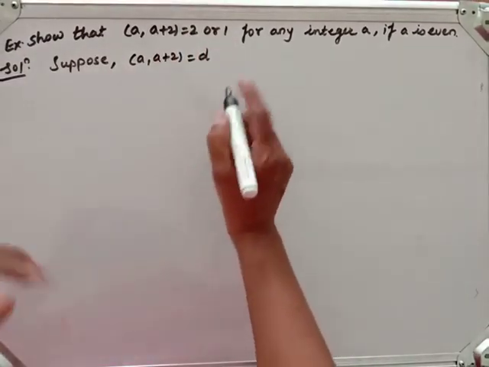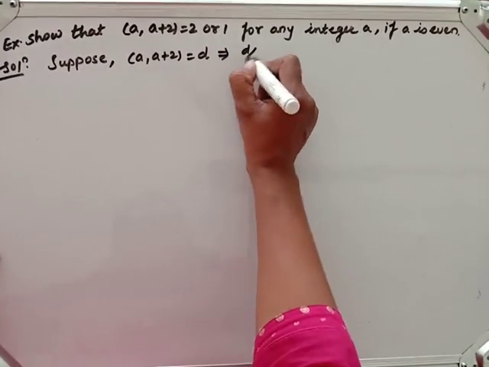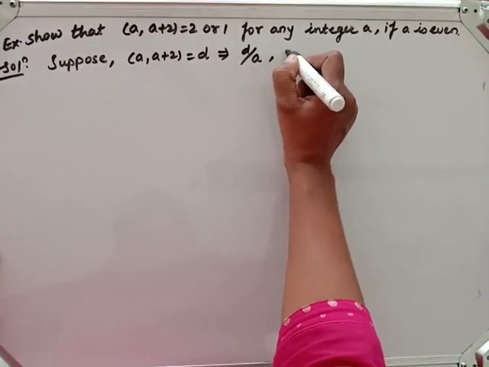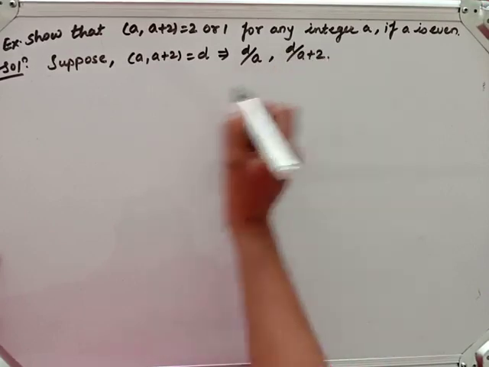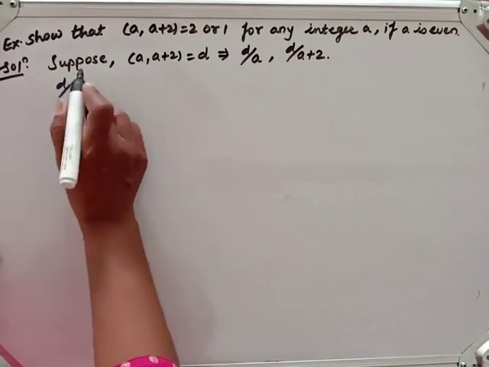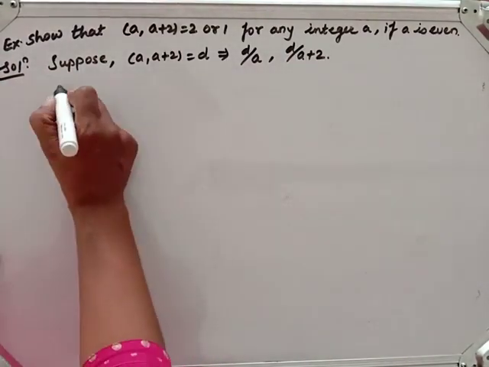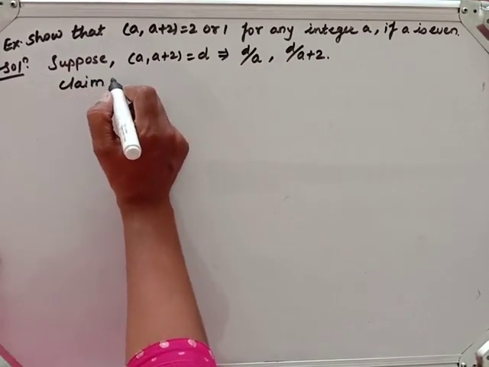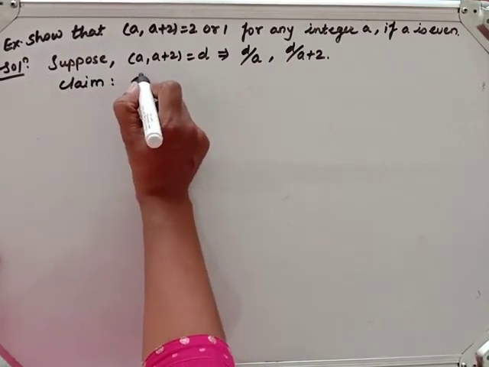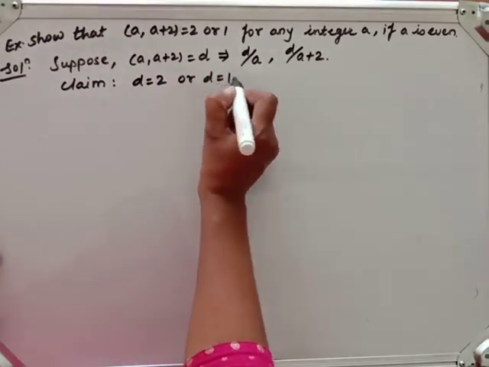Fine. So, if this is the GCD, then d must divide the first integer and d also divides a plus 2. Now, let me write first the claim. What is the claim here? We have to show d is equal to 2 or d is equal to 1.